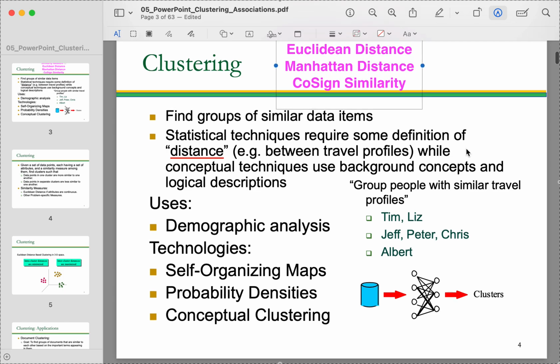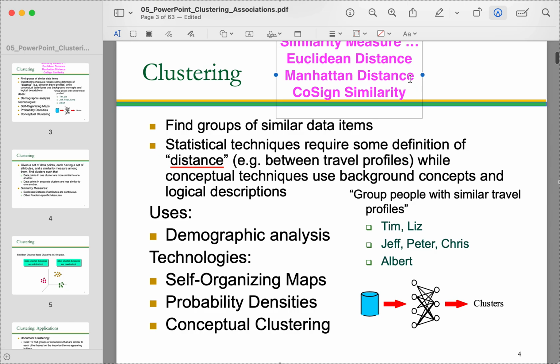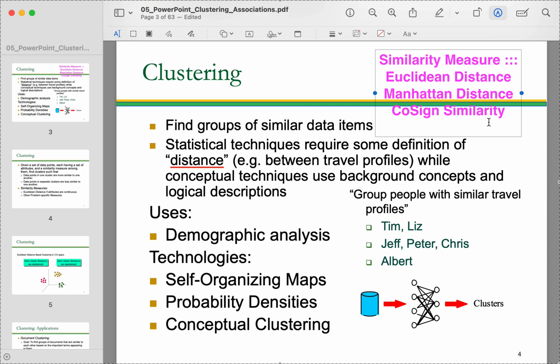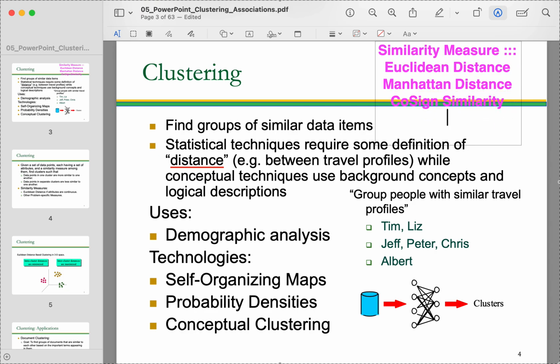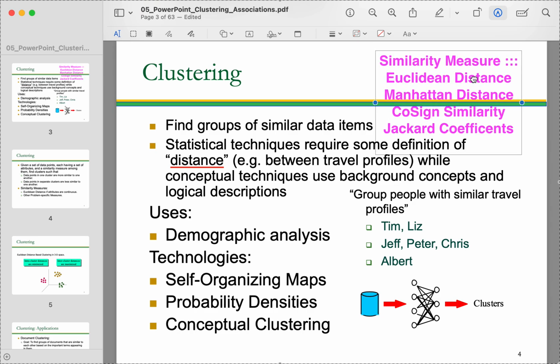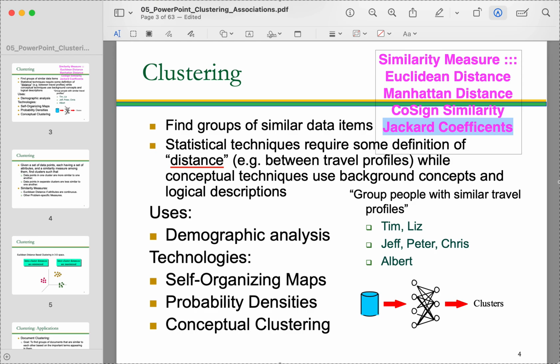This is just to name a few, but there is a variety of distance measures that can be used depending on what the data is. If it is binary data, then we can no longer use Euclidean distance because we only have zeros and ones. So for that reason, we need to use something like Jaccard coefficients. Or whatever the data is, we need to decide the most appropriate measure for that data.